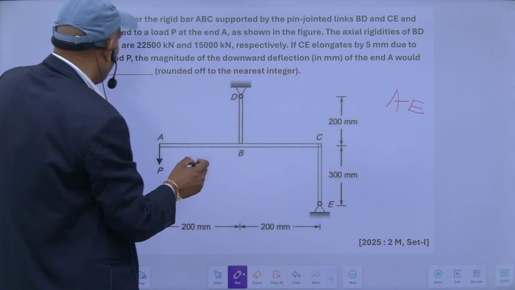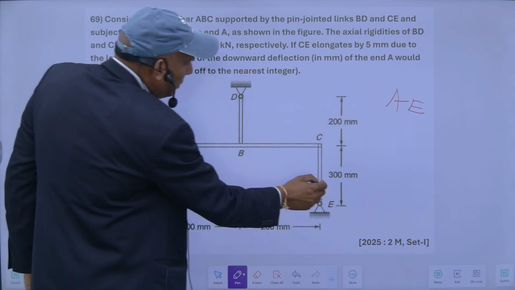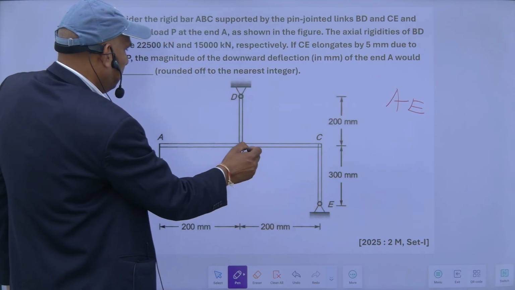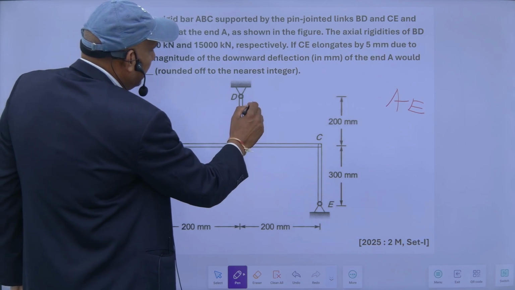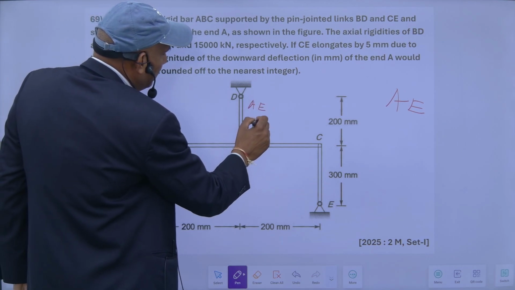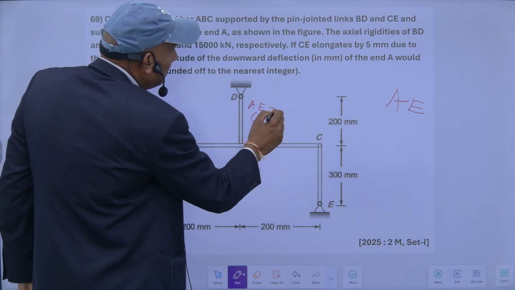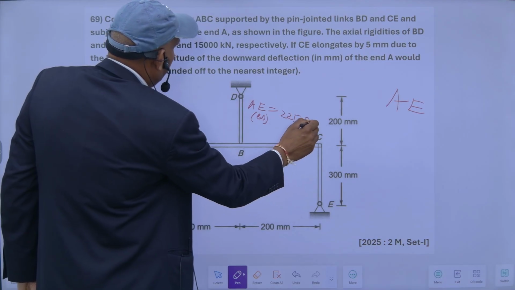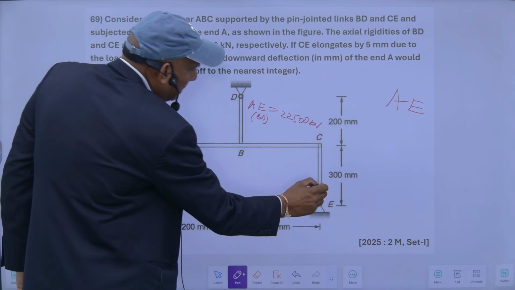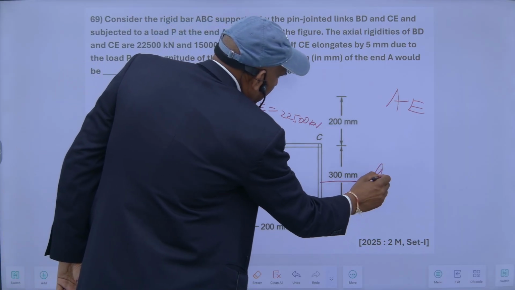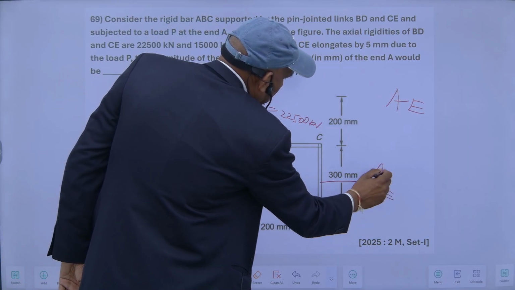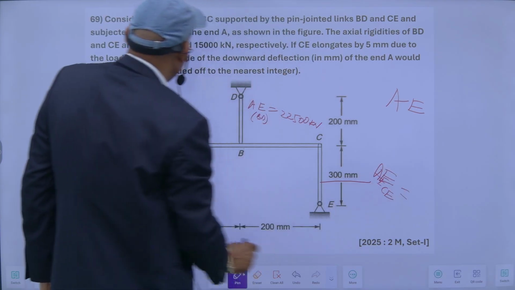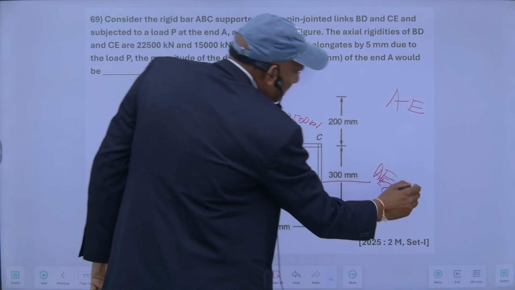The AE for the BD portion is equal to this much kilonewton, and the AE for the CE portion is equal to 15,000 kilonewton.